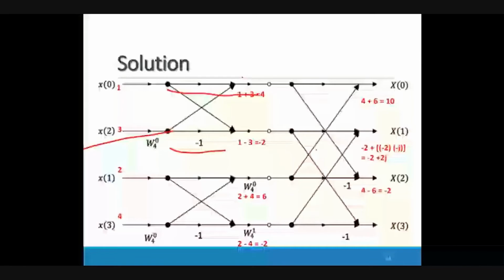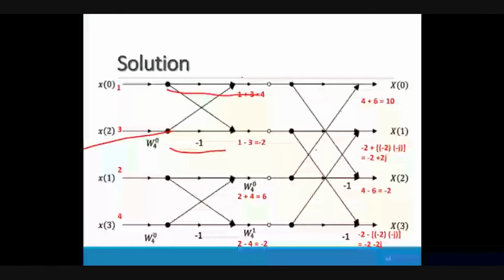Now for the last line, you are getting the value from the x2 and x3 row. So the x2 value is minus 2, and the x3 value is minus 2. Again it is multiplied with the twiddle factor minus j, and here also it is subtracted. So after simplification, your answer is minus 2 minus 2j.